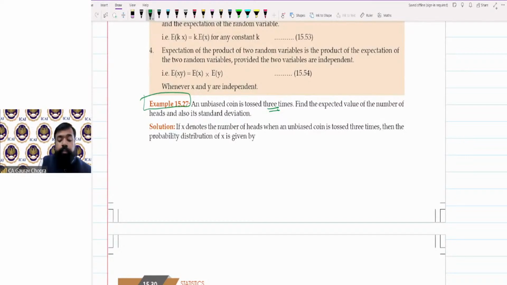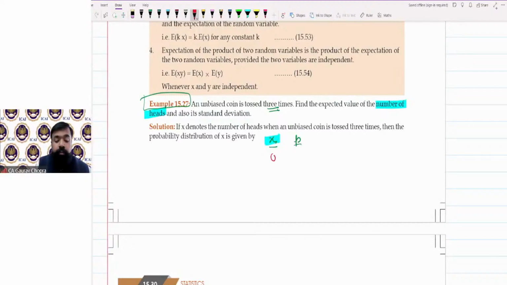For that, prepare the table X and P. In X, we have to write all the possible cases. We require the expected value of the number of heads, so in X we will be writing the number of heads. How many heads can come?